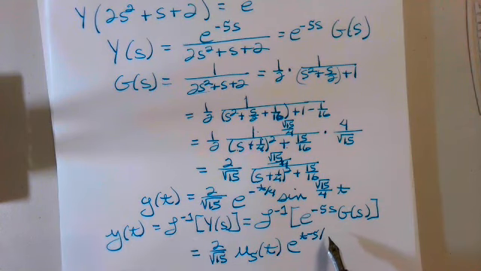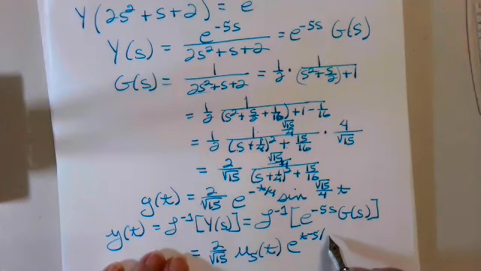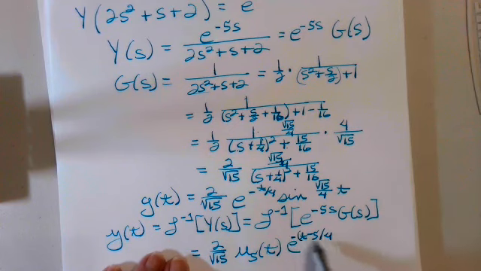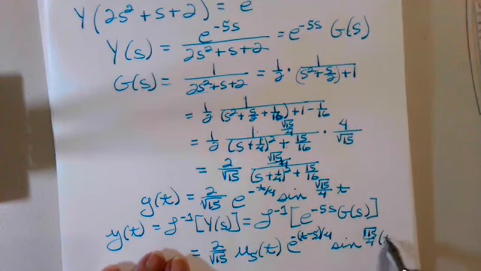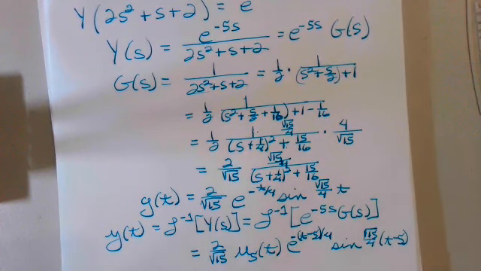I'm sorry, yeah, this is t minus 5 over 4 with a minus sign, times the sine of square root of 15 over 4 times t minus 5. Okay, so that's an example of one with a delta function in it.